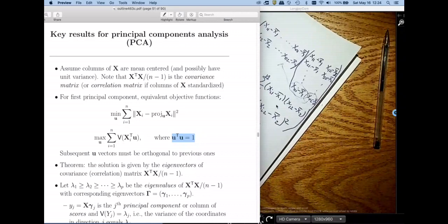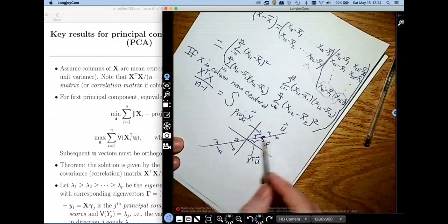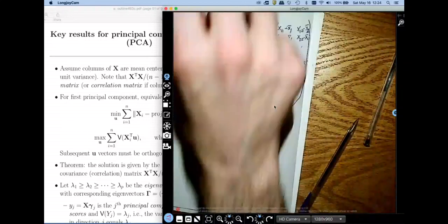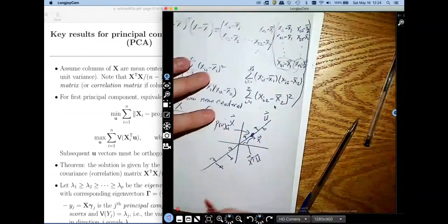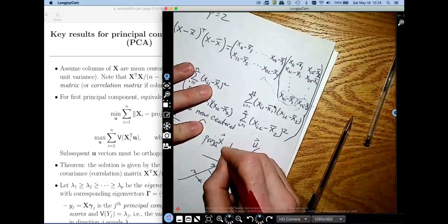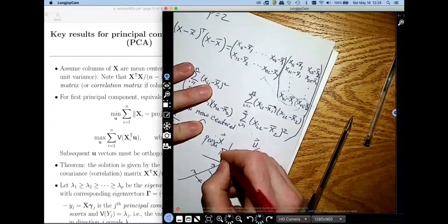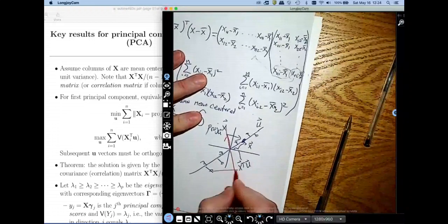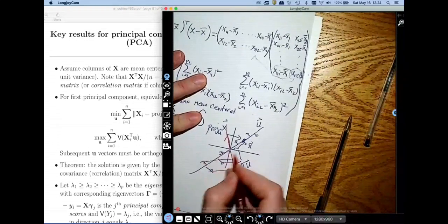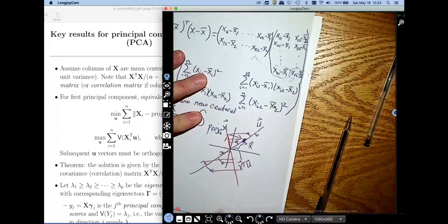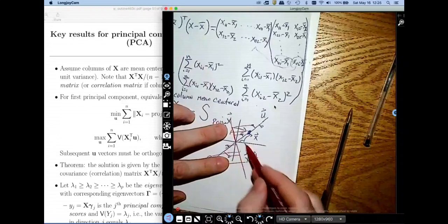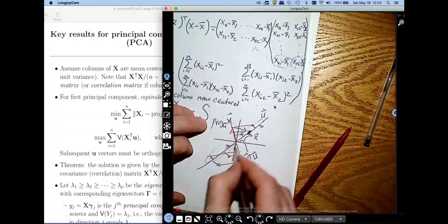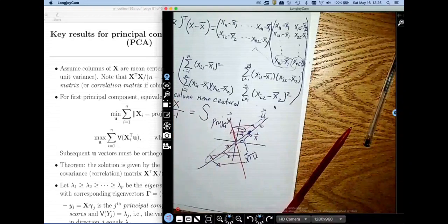Then what I want to do is maximize the variance of the scores. So let's just consider an alternative one. If I chose, say, this is a u, just some other u, and I start projecting all these points onto this, what I'd like you to note is that the variance of these lengths is much smaller than the variance of the lengths when I chose that other direction.